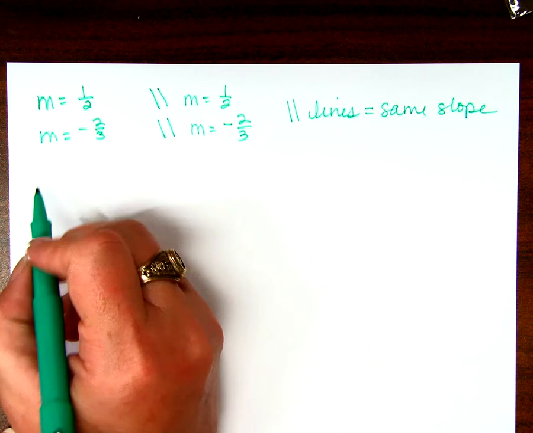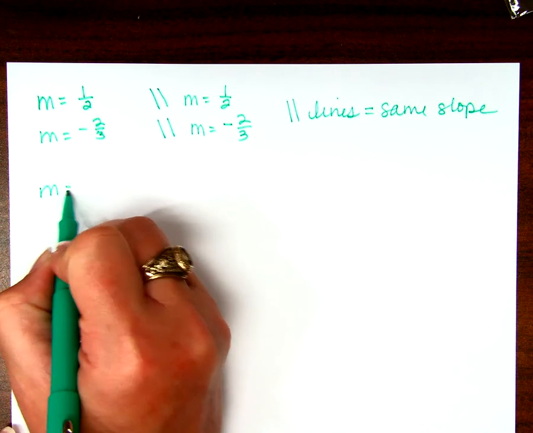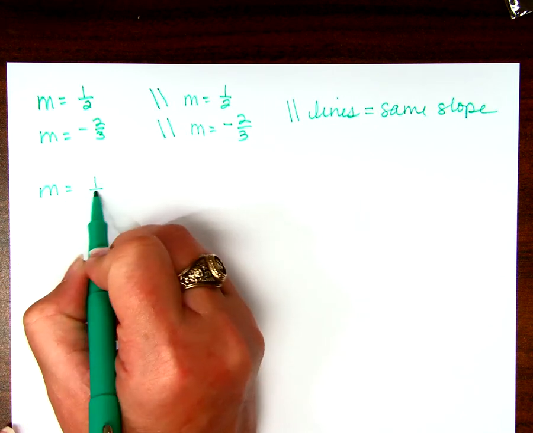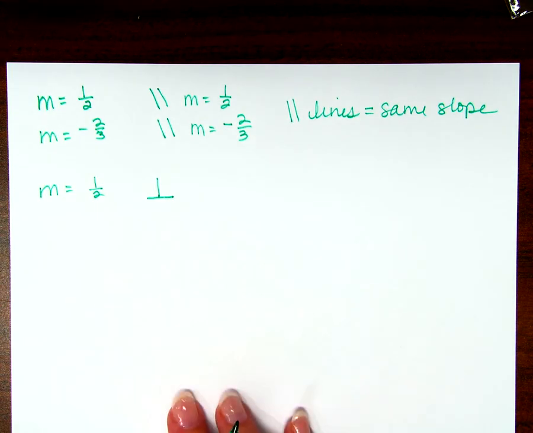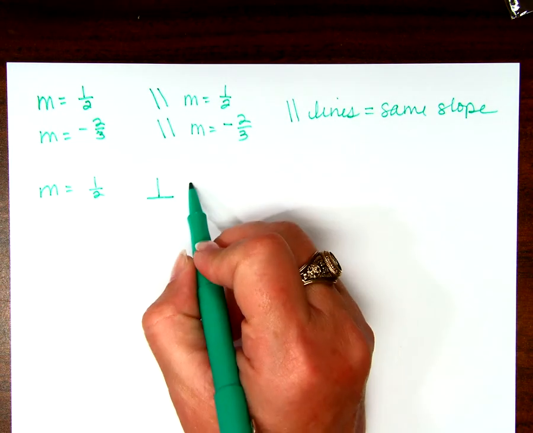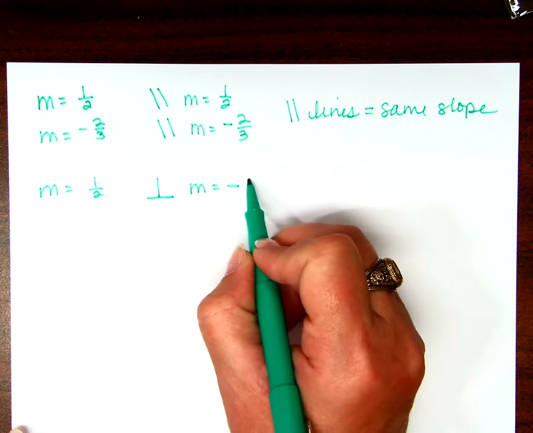Okay. What about if I tell you a line has a slope of 1/2, and I want to know about perpendicular, the line perpendicular to that? Negative what? 2?